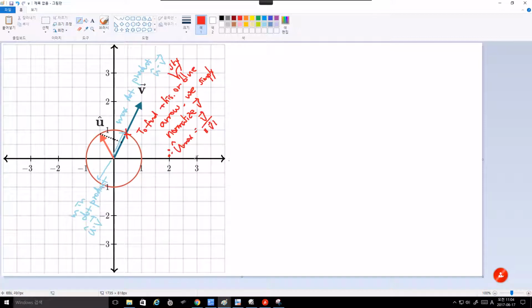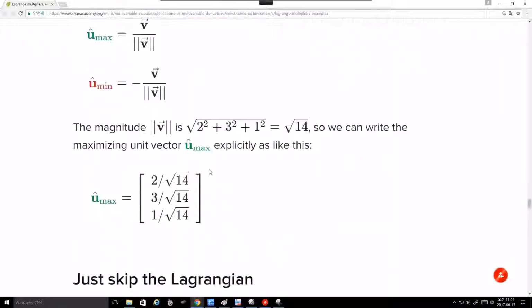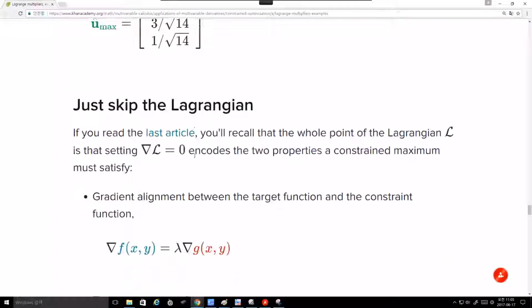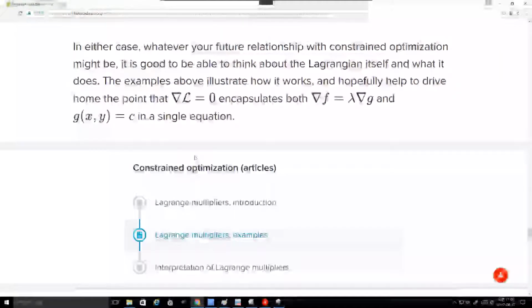And the minimum is the inverse, of course. For the min we should have the opposite direction. So max is the same direction, and min is the opposite direction, equal to minus v divided by the magnitude of v. So this is our answer. Prove it? Yes, this is max. Just keep the Lagrangian and then you can do this.